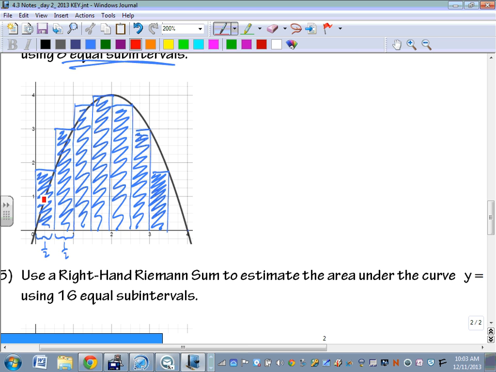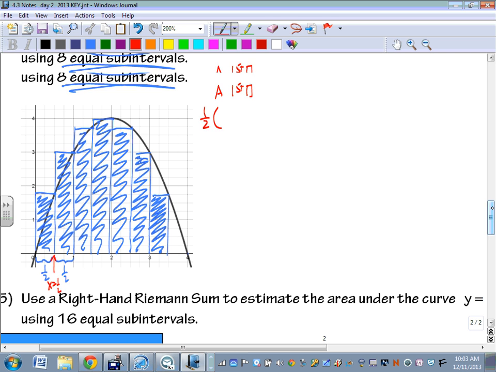So for this first one, if we're looking at the area of the first rectangle, what's the base of the rectangle? 1/2. And then how do we find the height? Plug it in, right? We have to plug in the x value. So here we have x equals 1/2.